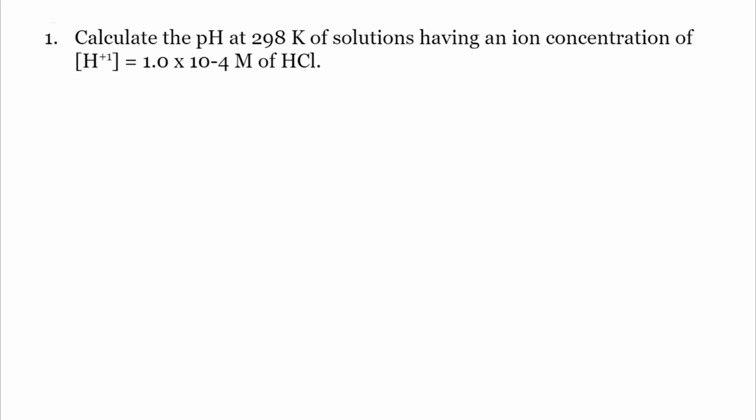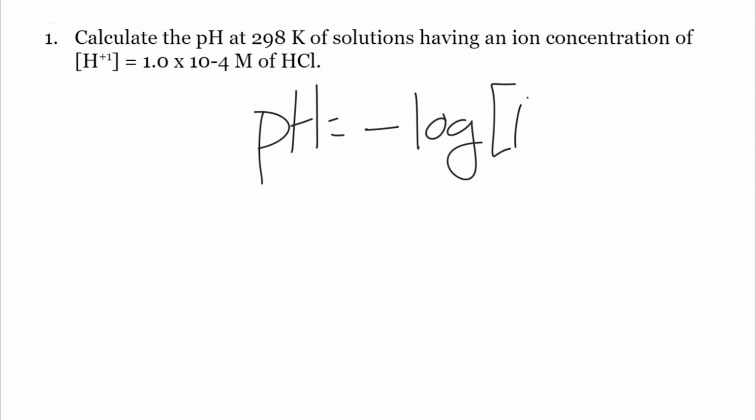All right, now the trick is to apply this to pH. It's really very simple. We're going to use our formula, pH equals negative log of the hydrogen ion concentration. So it's really important here that you not forget your negative in your calculation. All we have to do is read the problem to find the hydrogen concentration and plug it in where the H+ goes in the formula.